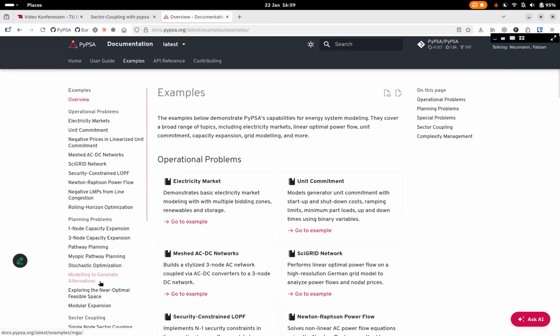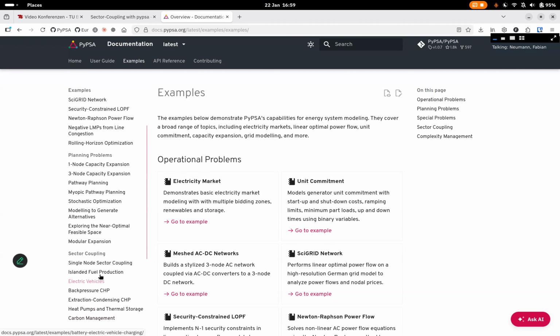Or, as I mentioned in one of the lectures, modeling to generate alternatives, to look for near-optimal designs that are only marginally more expensive than the cost-optimal solution, but maybe can get rid of some of the not publicly accepted technologies.